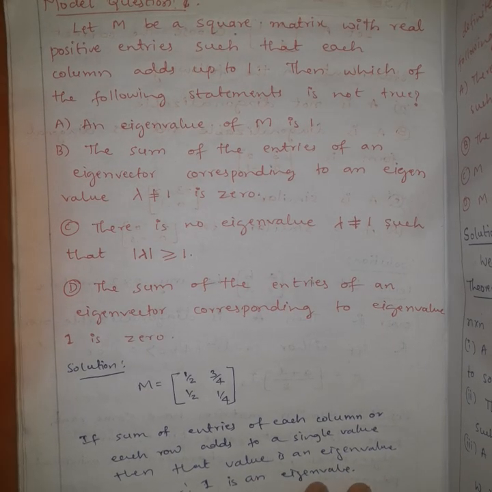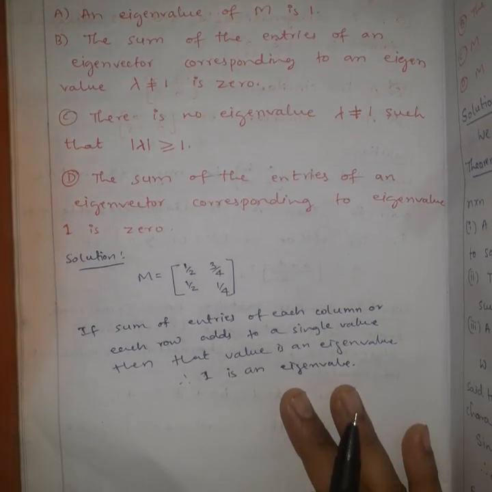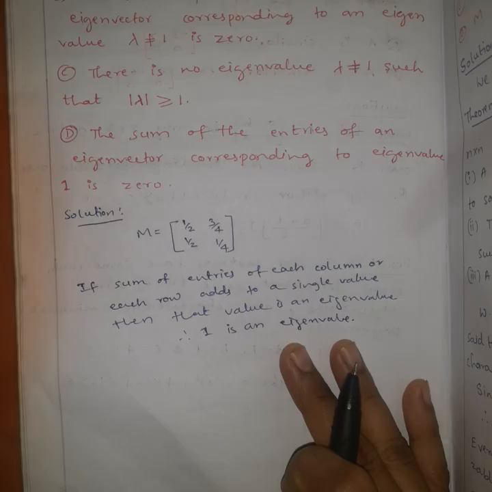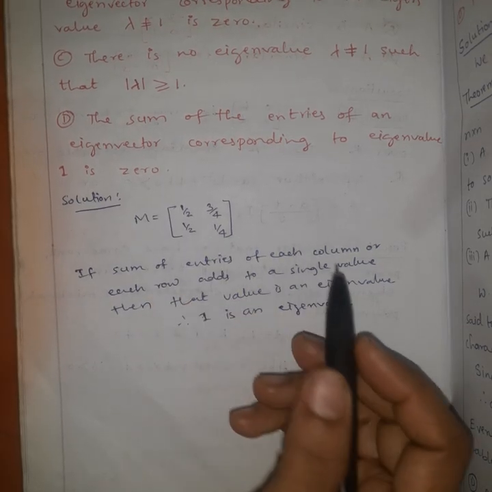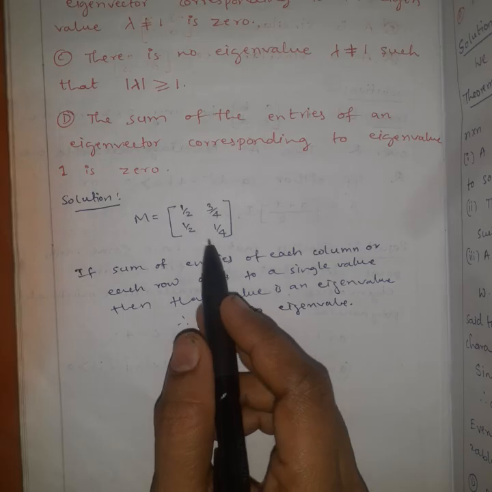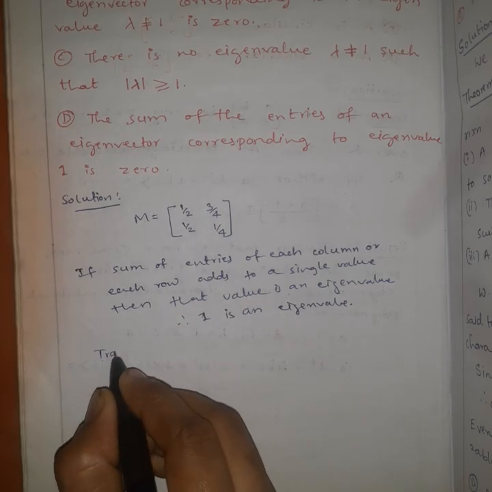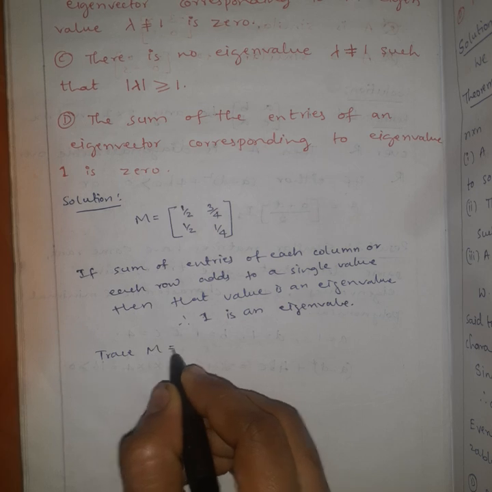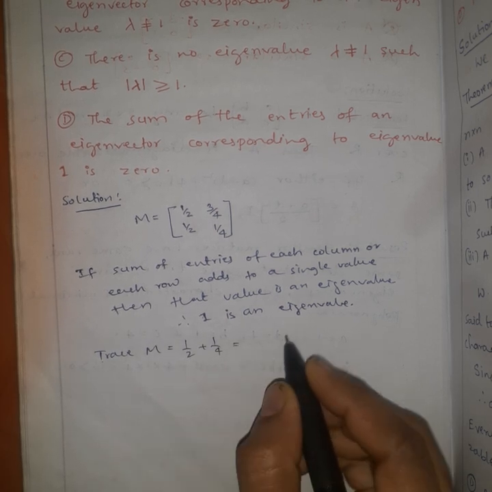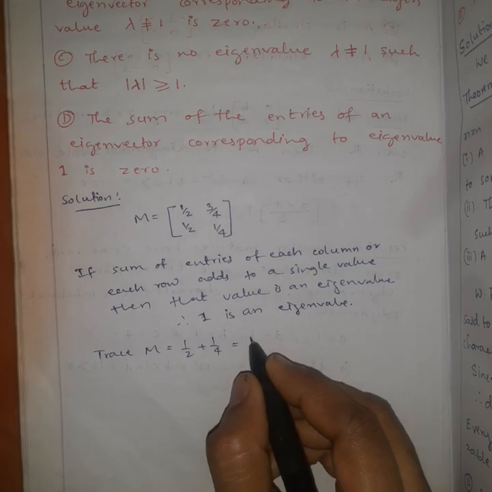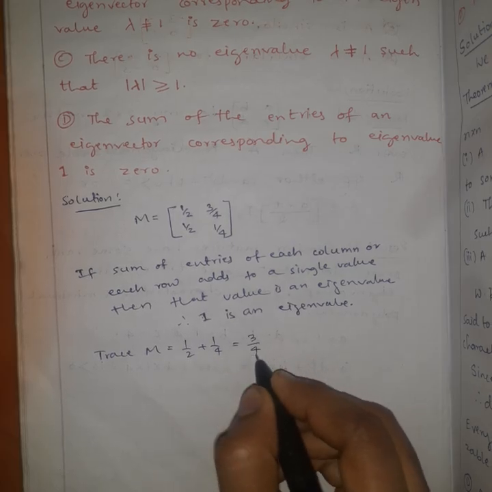Okay, this is true. Next, the sum of entries of an eigenvector corresponding to an eigenvalue lambda not equal to 1 is 0. So let us find another eigenvalue of this. We have the trace of M is equal to 1 by 2 plus 1 by 4, so this will be 3 by 4.